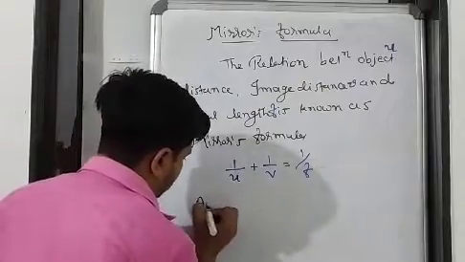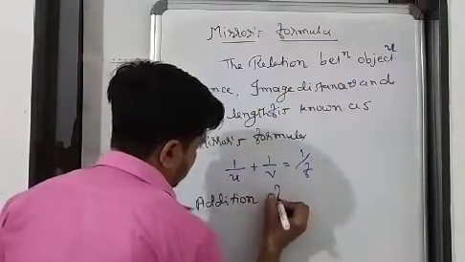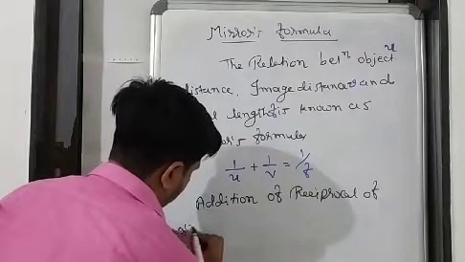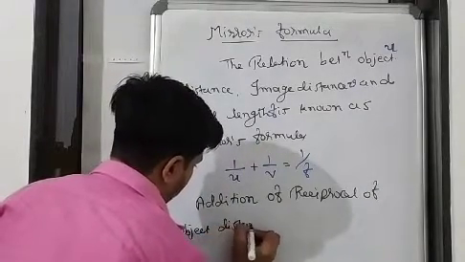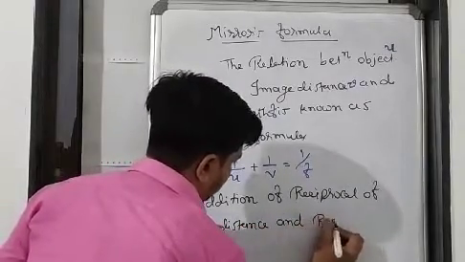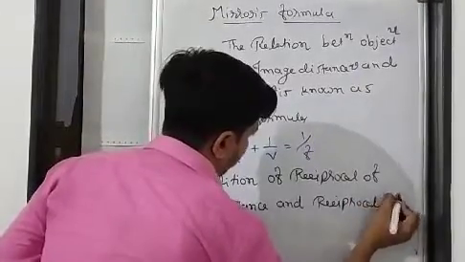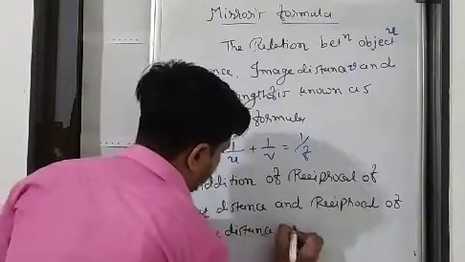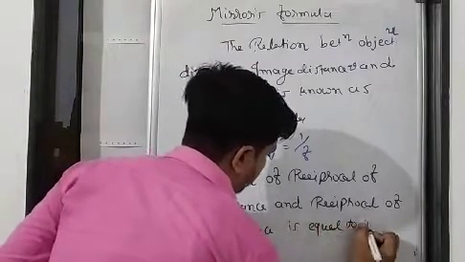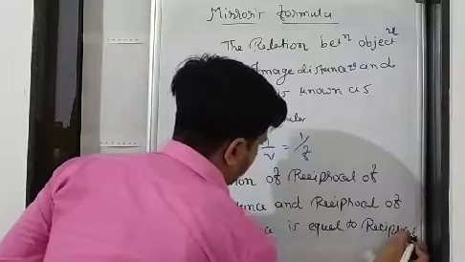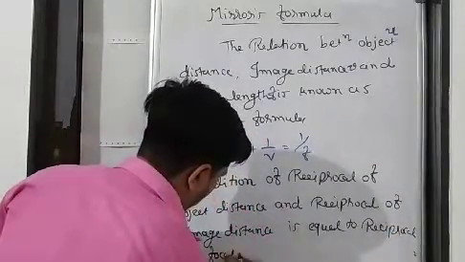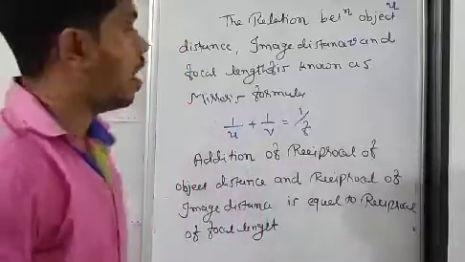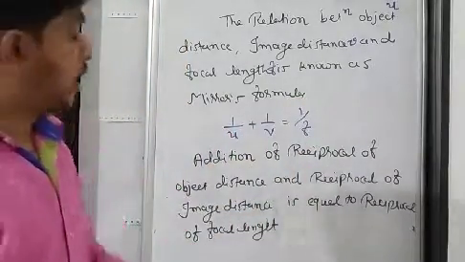The addition of the reciprocal of object distance and the reciprocal of image distance is equal to the reciprocal of focal length, which is known as the mirror formula in words.